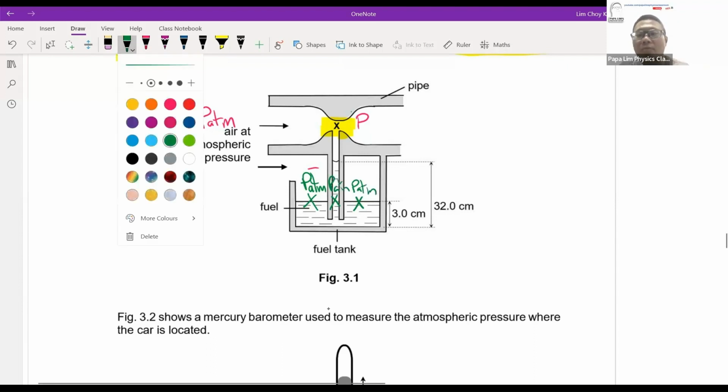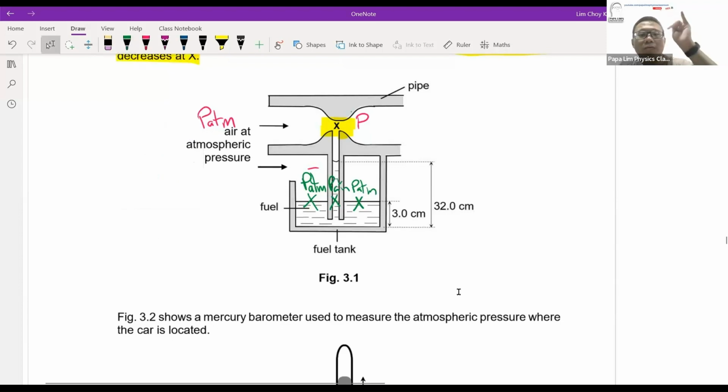One of the key tricks about atmospheric pressure is, remember, the pressure actually comes from everything and anything above you. So this atmospheric pressure is actually contributed by this amount of height of fluid, plus above this height of the fluid you actually have X here.